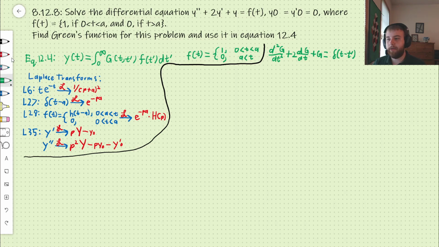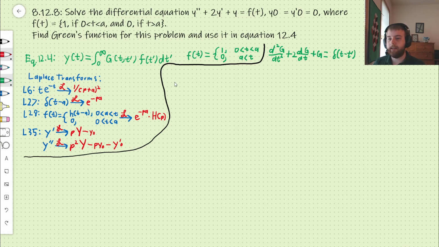I'm going to take the Laplace transform of all of these different things, and I've already written down everything that we need for Laplace transforms here. When we're in Laplace world, I'm going to write in red, just so that we don't get anything confused. When we take the Laplace transform of this, we look at L35 in the table.